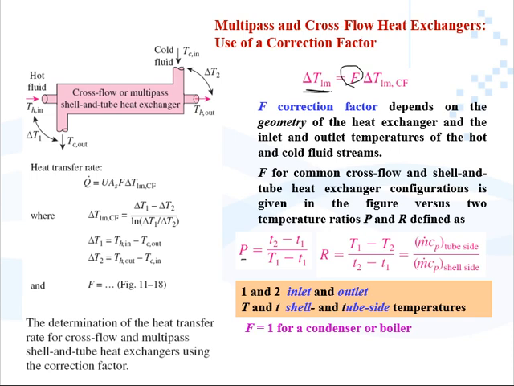It's very easy. The correlation is like here, with T2 minus T1, T1 minus T2 and so on. But what are they?